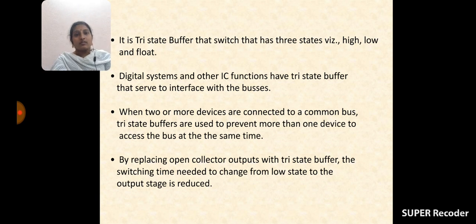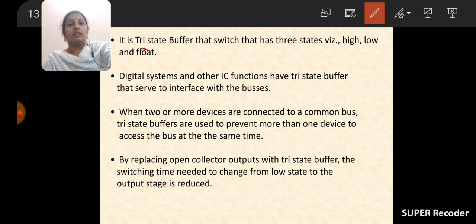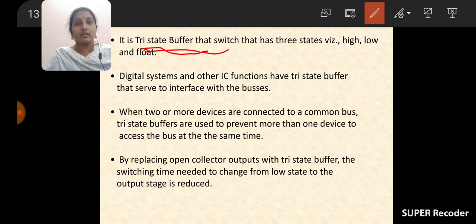So here it is a tri-state buffer. The word tri indicates what? Tri indicates 3. So in this buffer, how many states are there? 3 states are there. What are the 3 states?